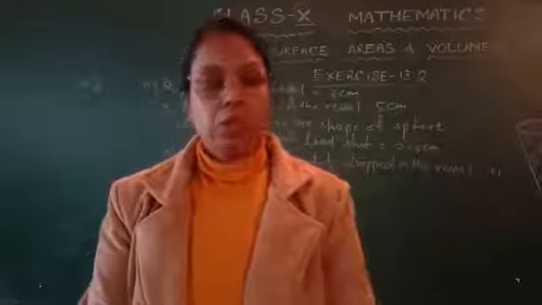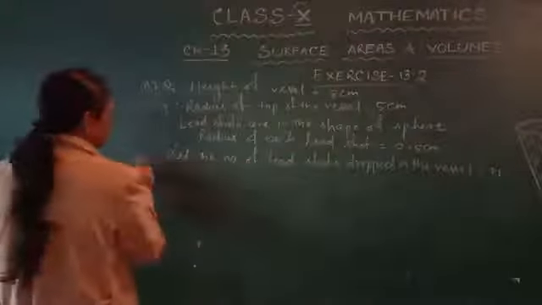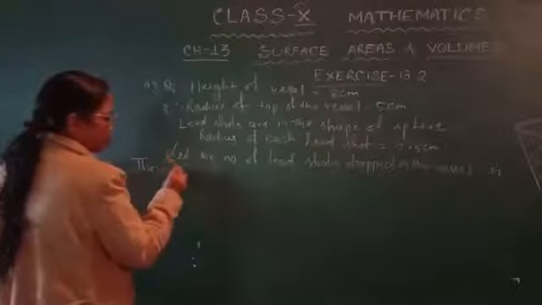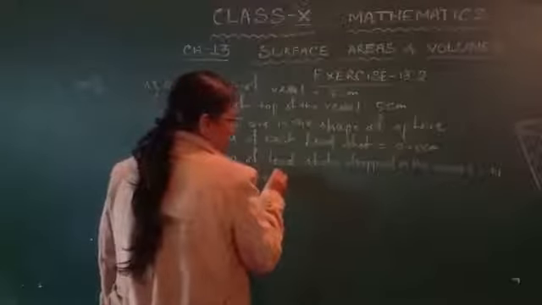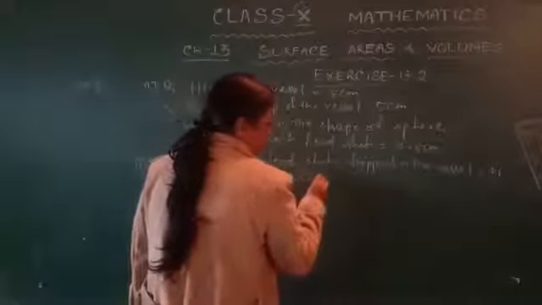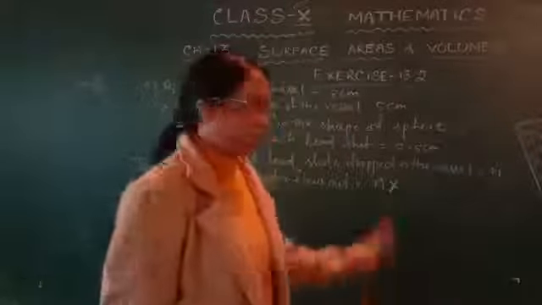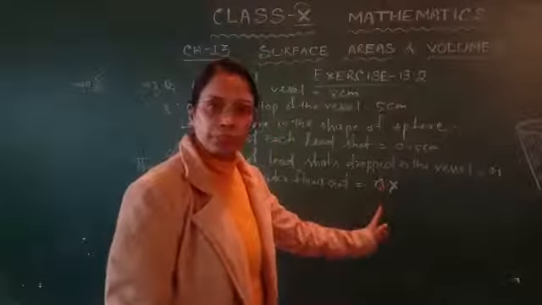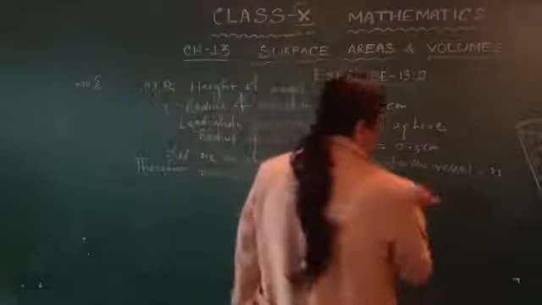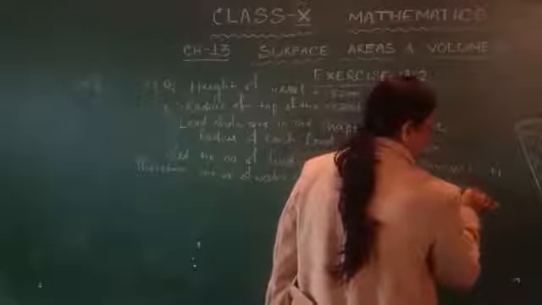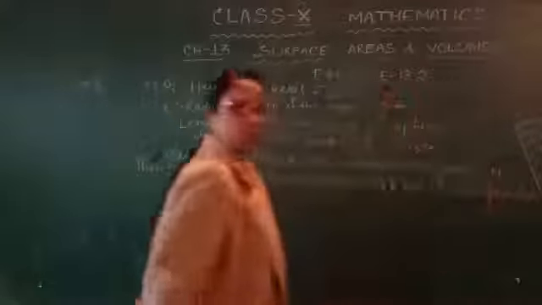Now according to the question, the volume of water that flows out is equal to n into the volume of each lead shot.